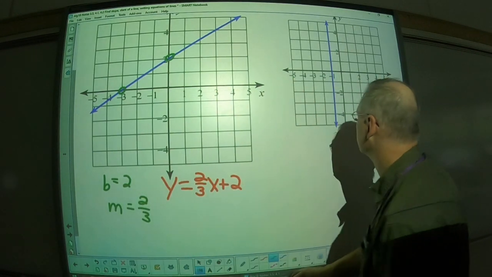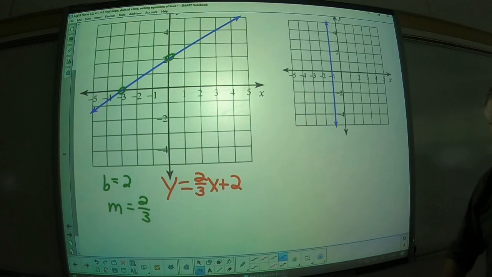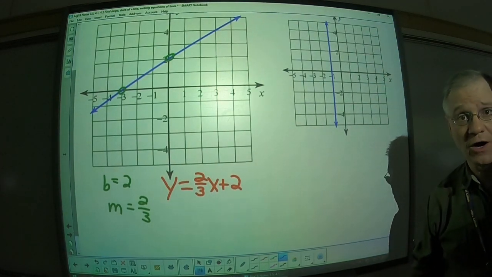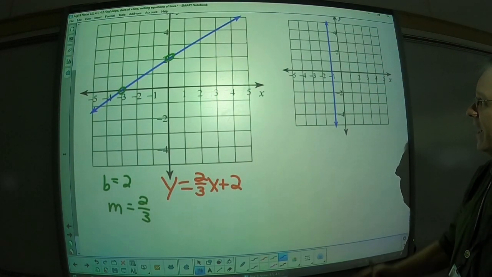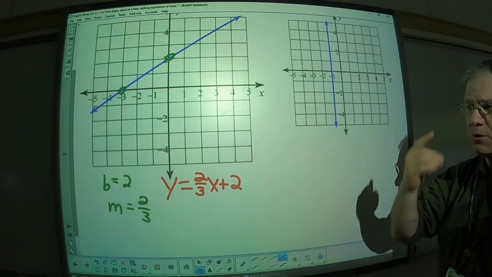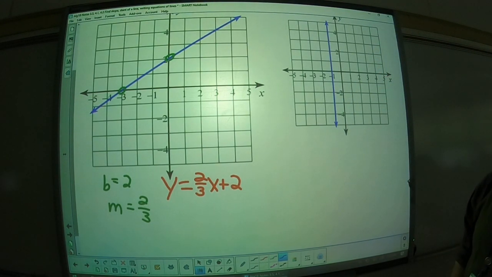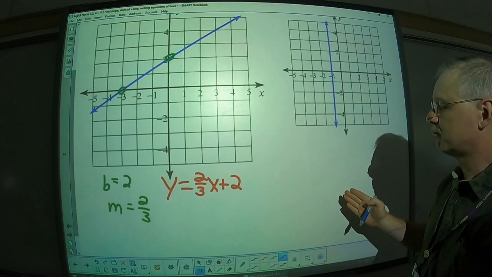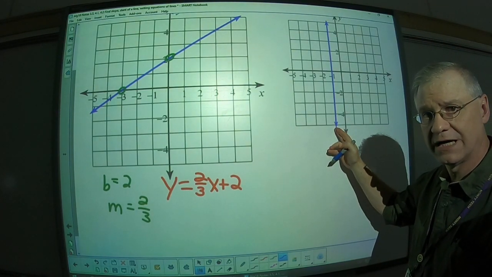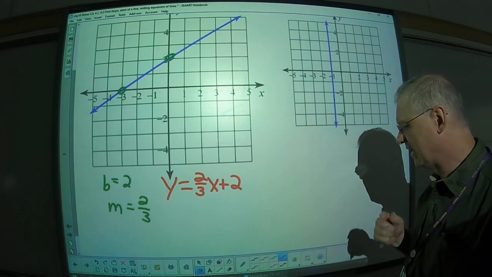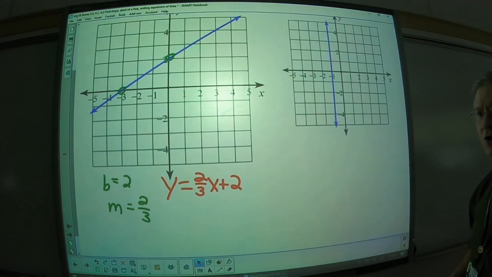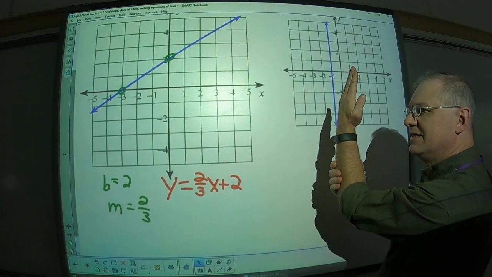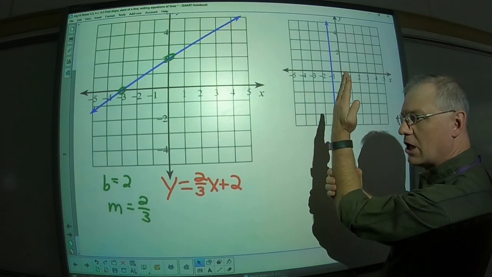This one, however, is a bit tricky because it doesn't have a y-intercept, it never crosses the y-axis. And what kind of line is it? Vertical. We didn't really talk about how to find the equation of a vertical line. Well, in all problems where you have a vertical line and you're asked to find the equation, you're going to start by saying, okay, if it's a vertical line, is it shifting left or right at all?